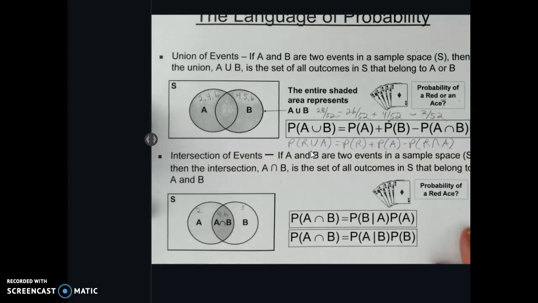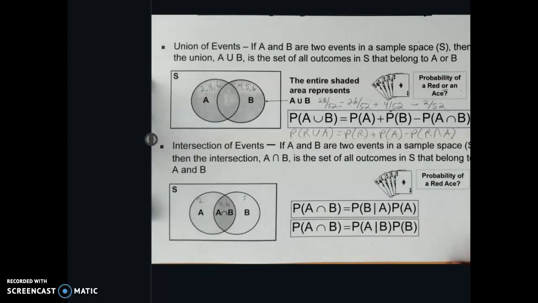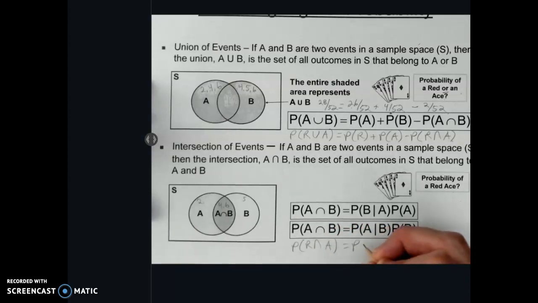Let's put some numbers on this. Again, I like to rephrase to fit the question at hand. So I'm going to use this one here. The probability of a red intersecting an ace is equal to the probability of a red given that an ace occurs times the probability that an ace occurs.